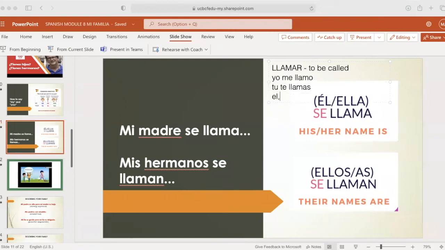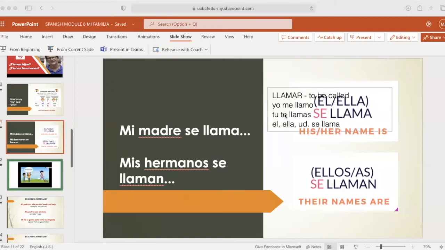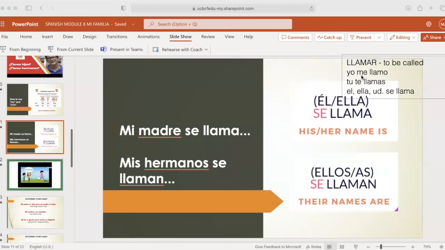And then él, ella, usted se llama. Okay? You might get confused. All right. So this is now a conjugation, short until third person singular.